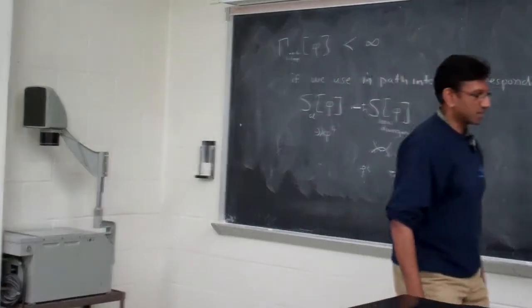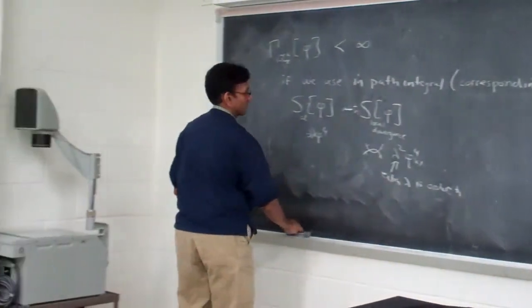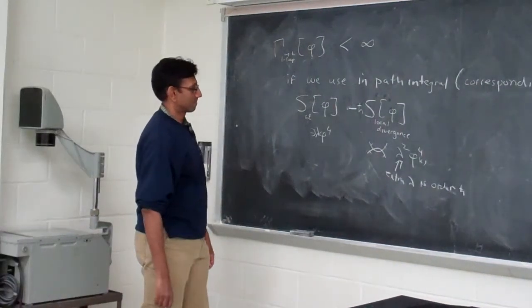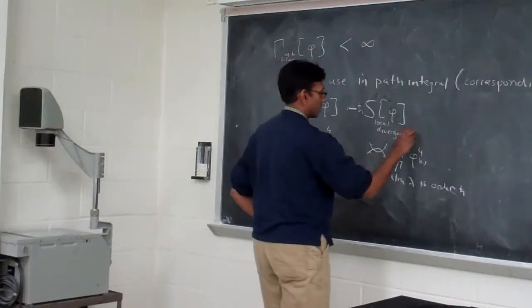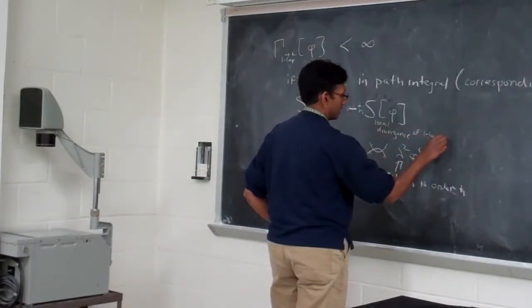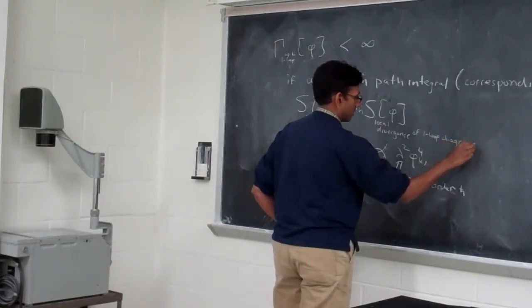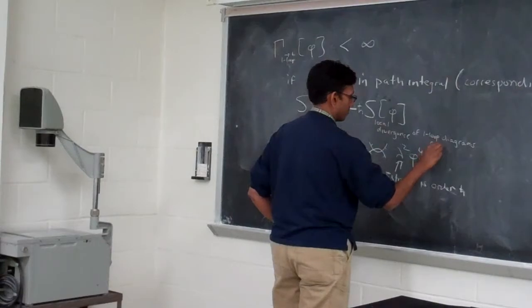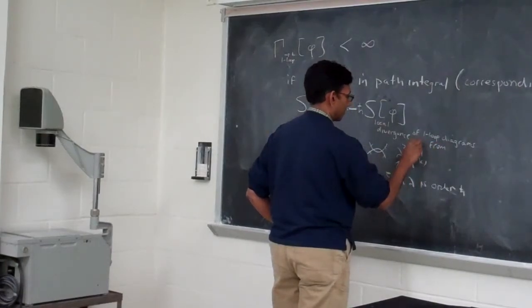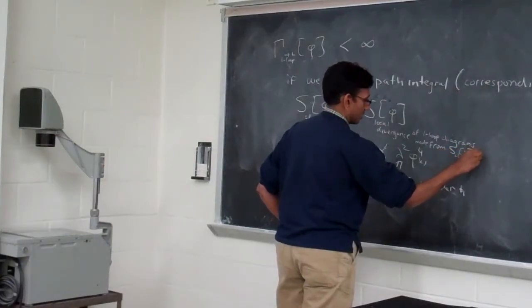So, as a result, what's the proof of this? The local divergence of one loop diagrams made from S classical.